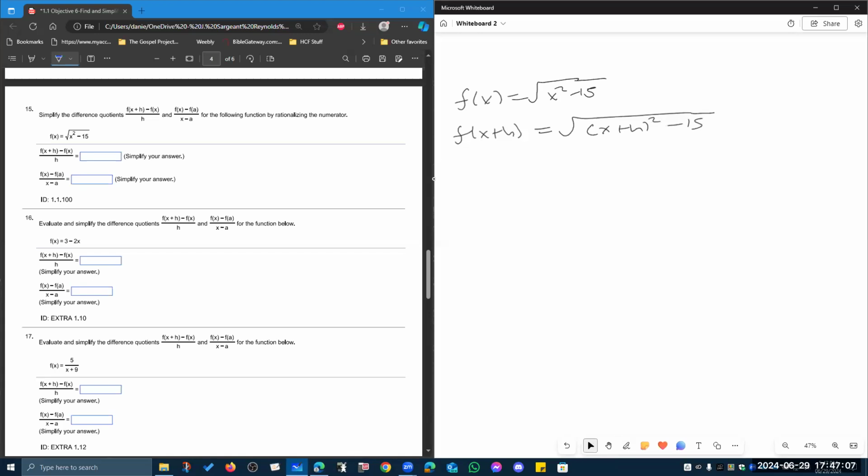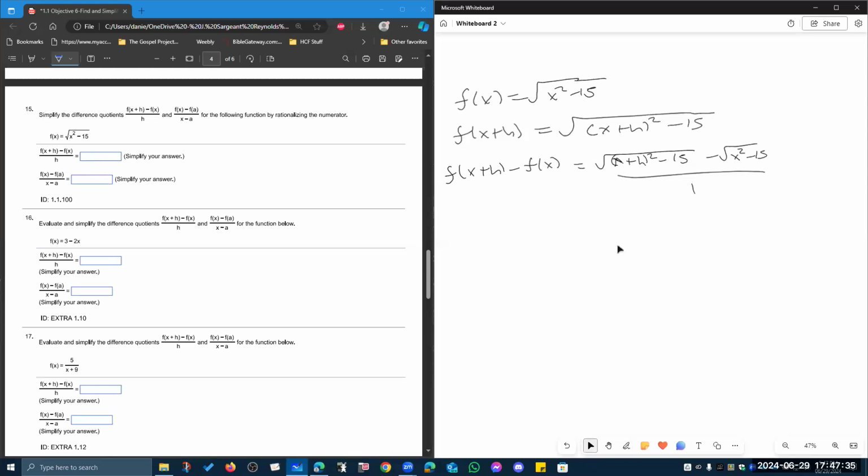Okay, so when I subtract now, f of x plus h minus f of x, I get root x plus h squared minus 15 minus root x squared minus 15. That's over 1. I'm going to have to multiply by the conjugate. Again, I'm not sure I have space to write it over here.